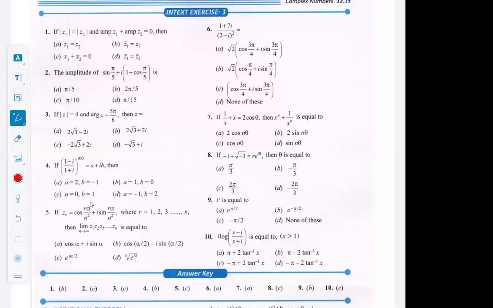So this one is based on argument and De Moivre's theorem. So tell me what's your doubt? Question number 9 and question number 10.